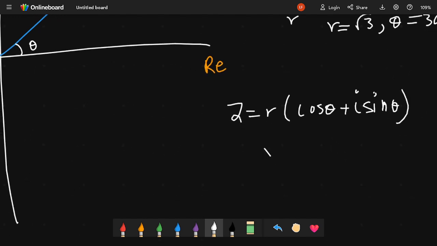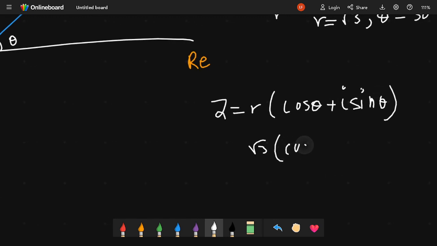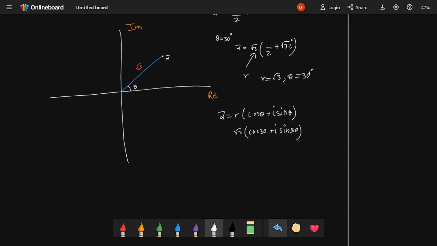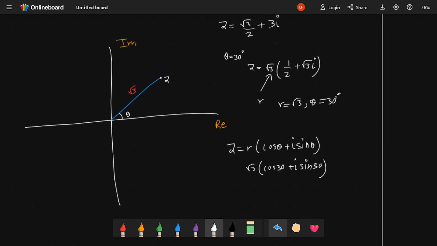And this is going to be the square root of 3 and cosine of 30 plus I times the sine of 30. And this is a basic introduction to your polar coordinates.